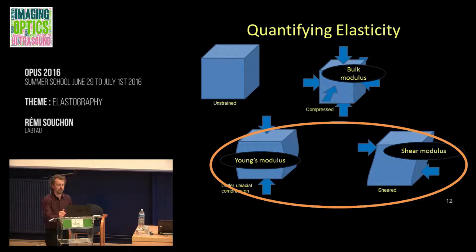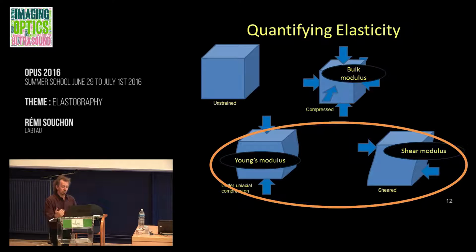The two latter cases are the ones we are interested in for medical imaging, because they are the ones related to palpation. If you look at the bulk modulus, it's how the material resists compression. Remember that ultrasound is compression waves. And in ultrasound imaging, we assume the speed of sound is the same everywhere in the body. That's how we can make the image and convert from time of flight to distance.